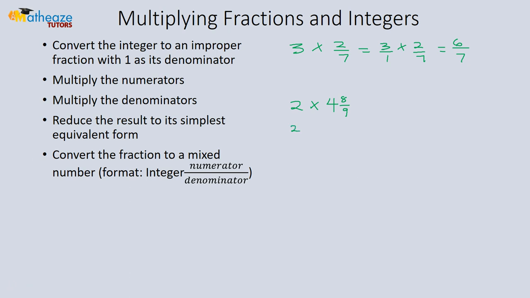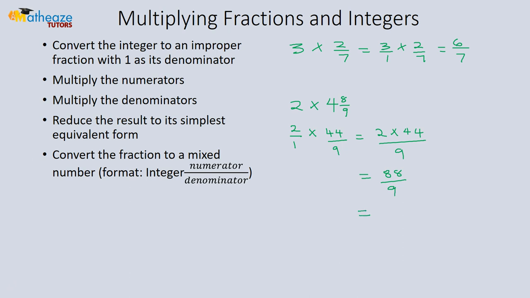So that is 2/1, and then of course we will convert this to an improper fraction. 4 times 9, 36, plus 8, that gives us 44/9. So we follow the next steps. 2 times 44/9. So this is going to give us 88/9.